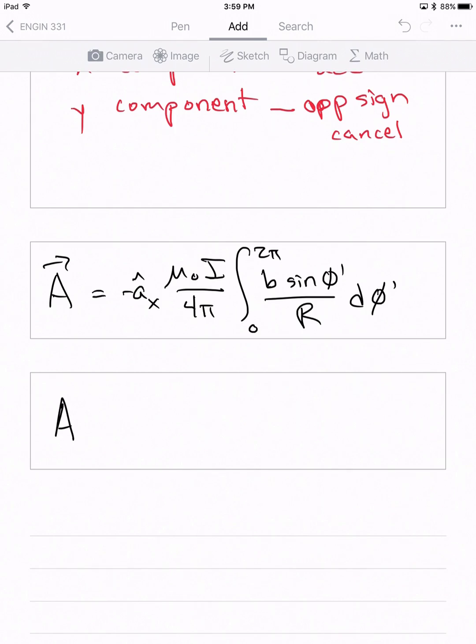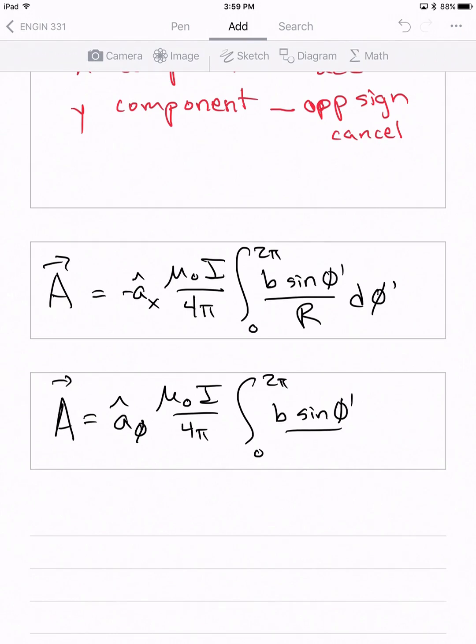And what that means is that minus x-directed unit vector in the yz plane is actually equal to a sub phi. So that's going to be a sub phi there, and then we're going to have all the same stuff: mu naught I over 4 pi, integral 0 to 2 pi, b sine phi prime over R1, not R, R1, d phi prime.